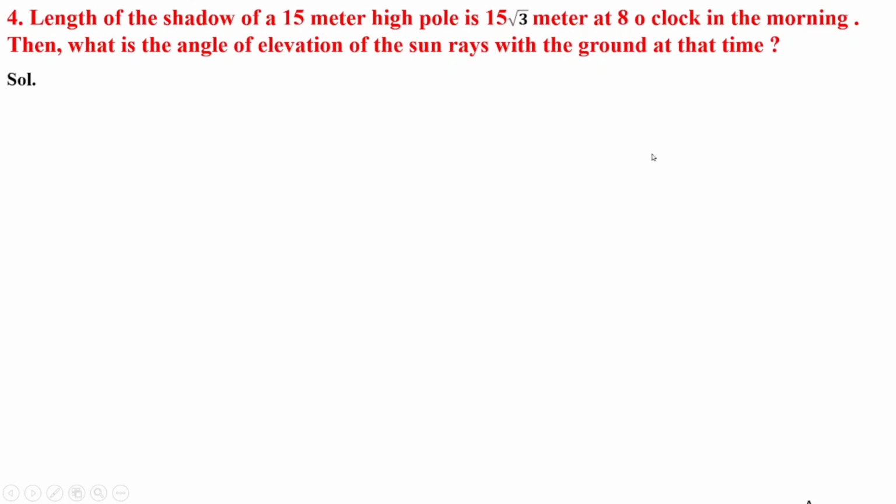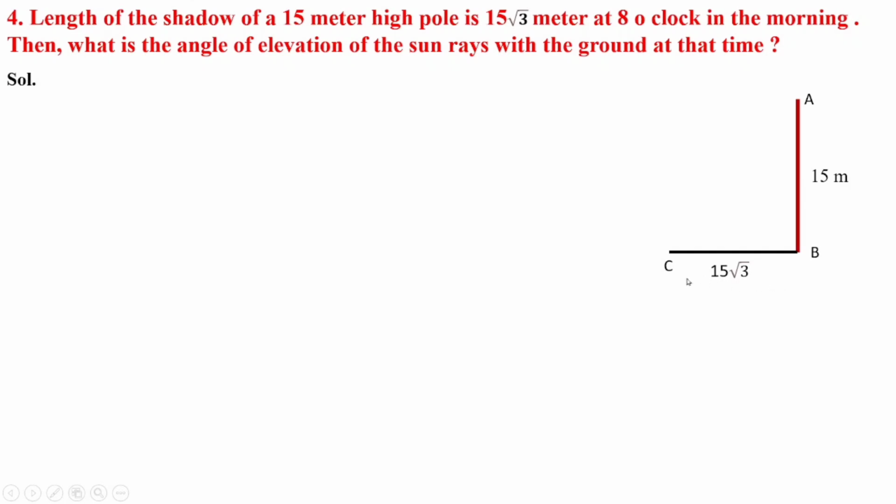So first I take AB as the pole, whose length is given as 15 meters. At 8 o'clock the shadow of the pole on the ground has length 15 root 3 meters. So BC is the shadow of the pole AB.